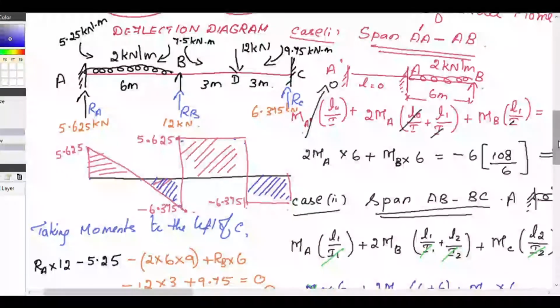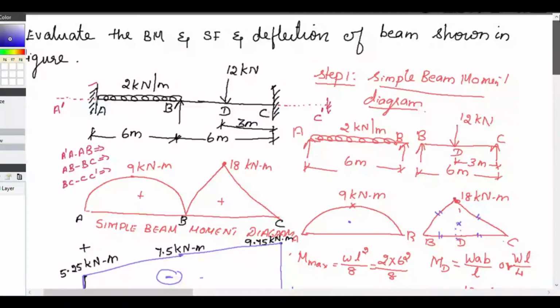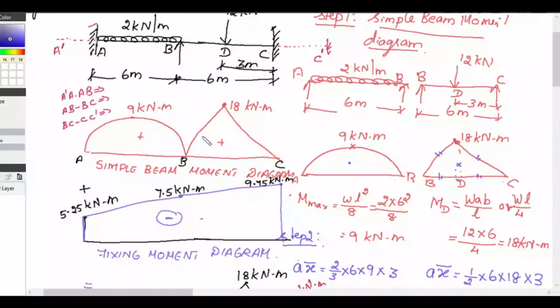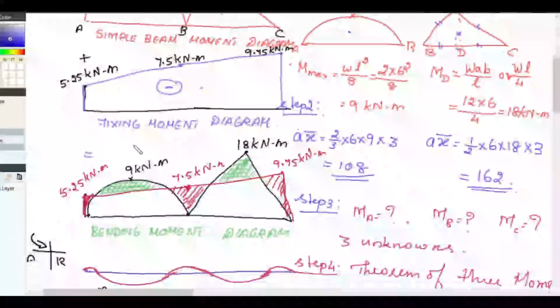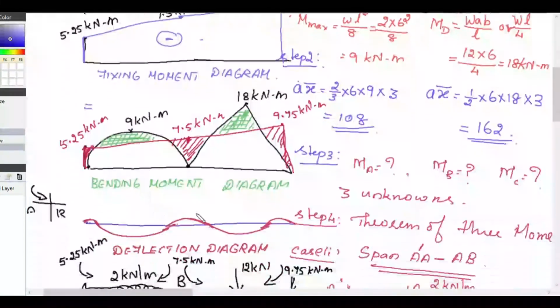Hope you all understood. We will repeat once again, just a revision. First step, we have drawn the simple beam moment diagram. Then our aim is to draw the fixing moment diagram. For that, we are using the theorem of three moments. Since the ends are fixed supports, we are assuming some imaginary span to the left of A and to the right of A. We are adding both, we get the bending moment diagram.